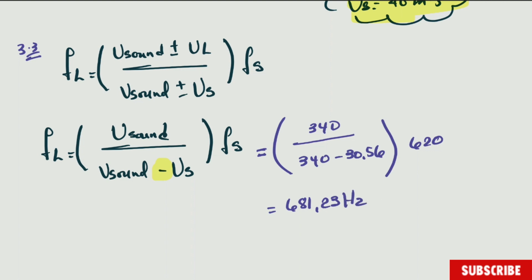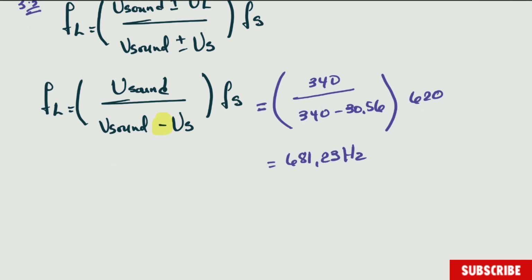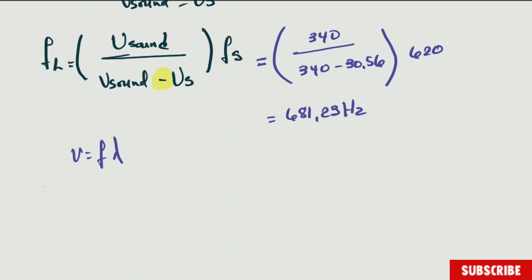this is the answer you get, and now we have to get the wavelength. We're going to use the same formula as we wrote there on top. So speed is equal to frequency multiplied by wavelength, and then you substitute everything. 340 is equal to the frequency, 681.23, multiplied by the wavelength, which is what you are actually looking for.